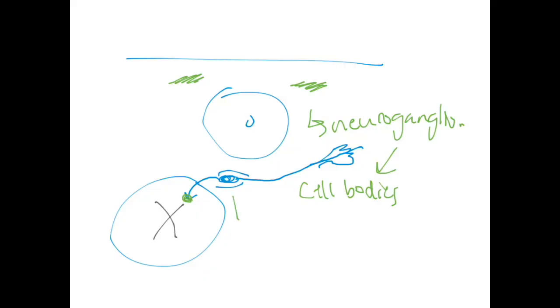So these neuroganglion are what are holding our cell bodies. In this case, this dorsal root ganglion holds sensory cell bodies. We'll talk about some different ganglion when we get to the autonomic nervous system as well. So these neural crests develop into neuroganglion. So this embryonic development goes into this adult structure.